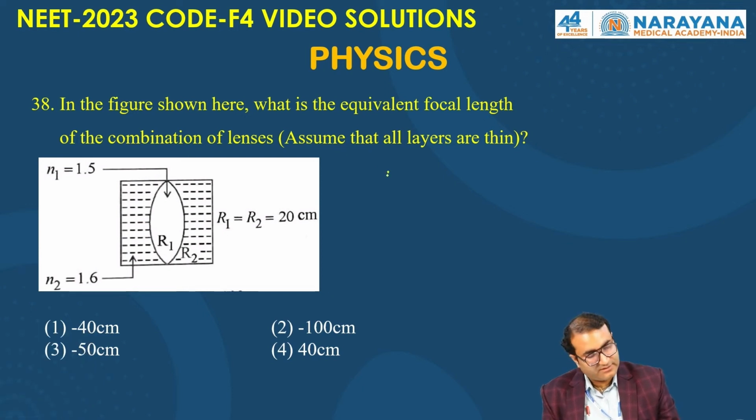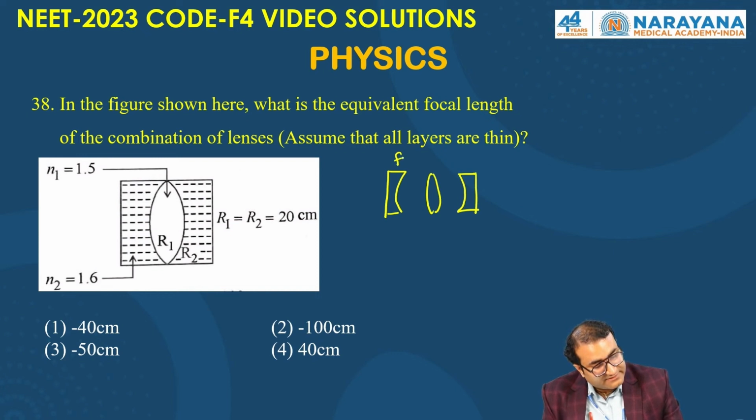Let us say this is having focal length f1, this is having f2, this is having f3. So we can write f1 is equal to f3, both are same.